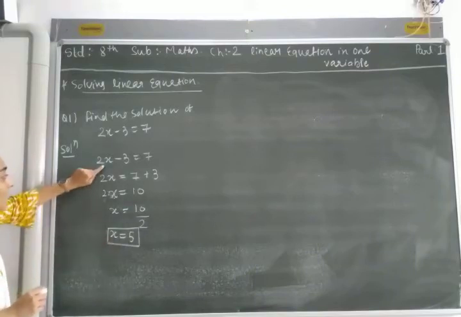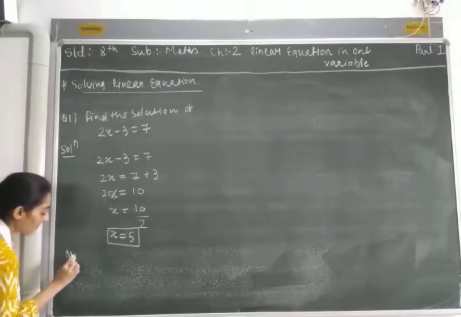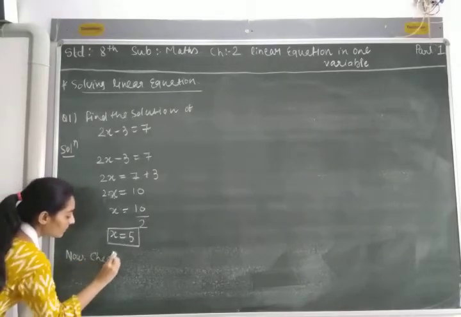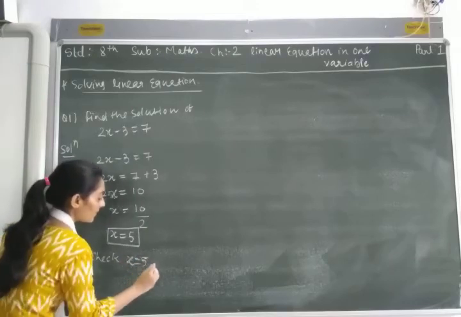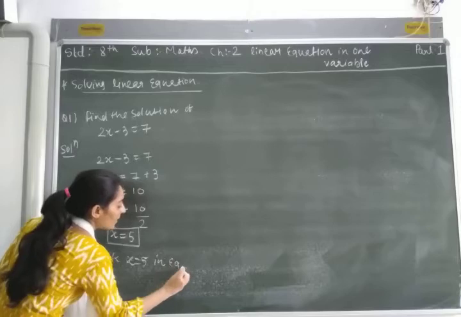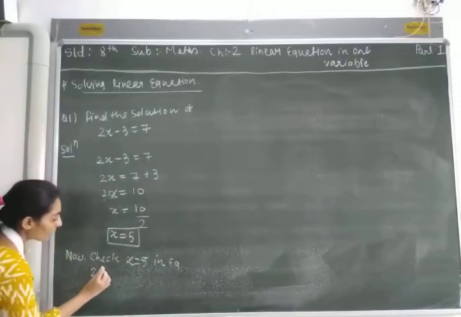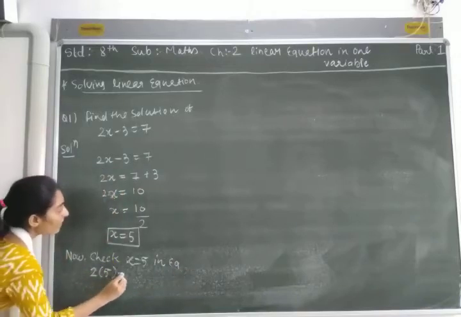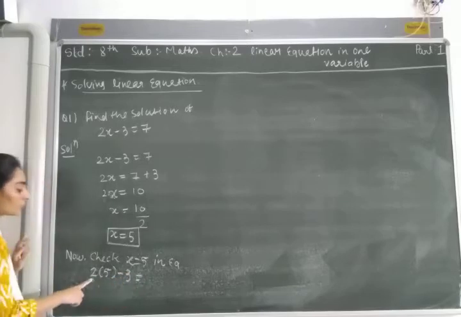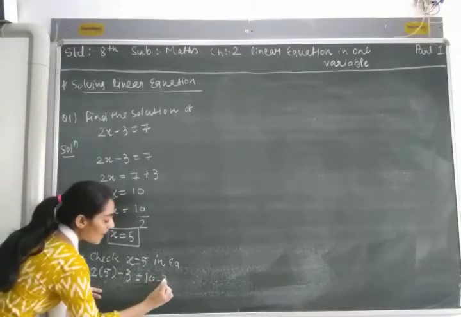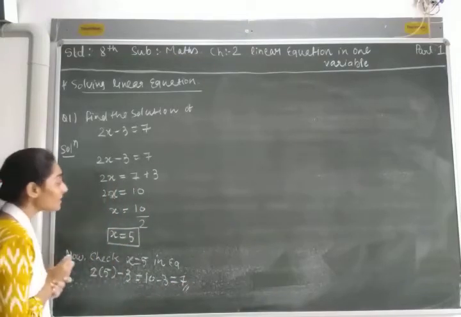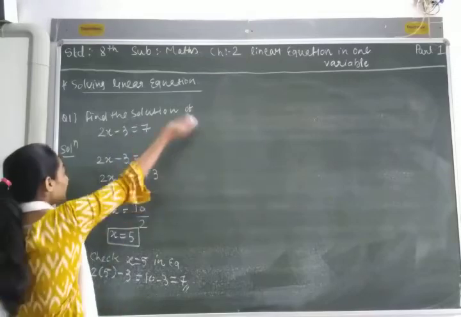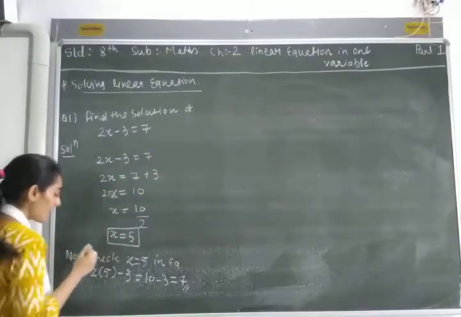If you replace x with 5 in the equation, 2 into 5 is 10, minus 3, again you get 7, which equals your right hand side.